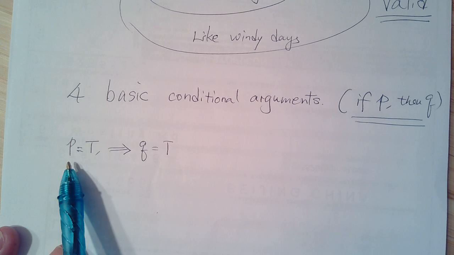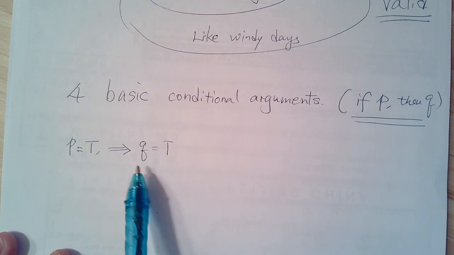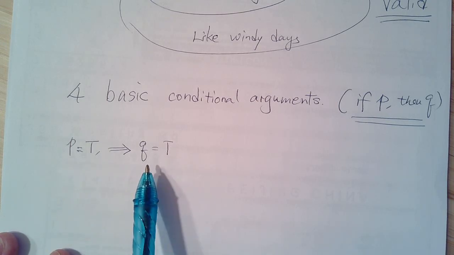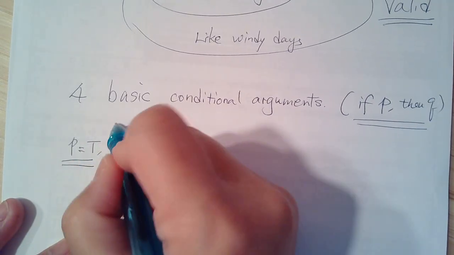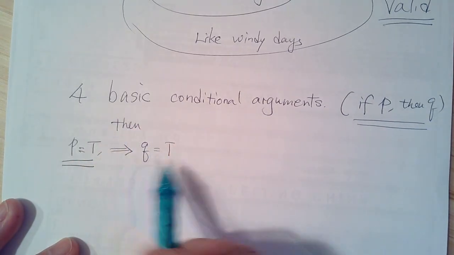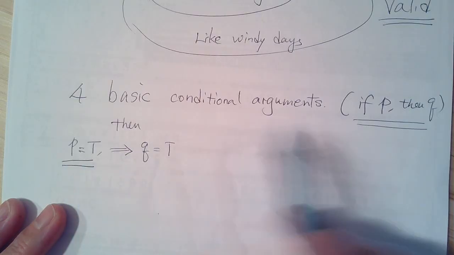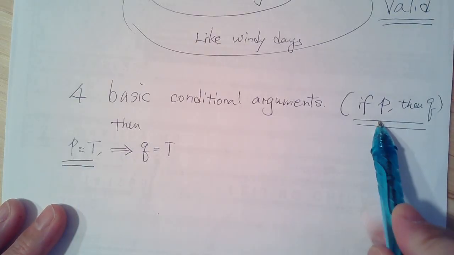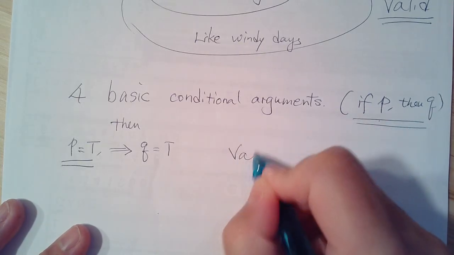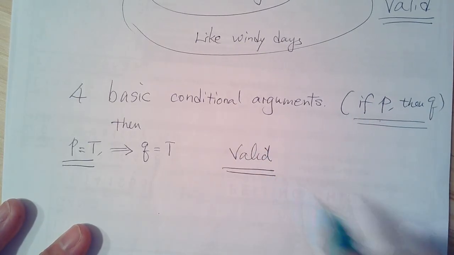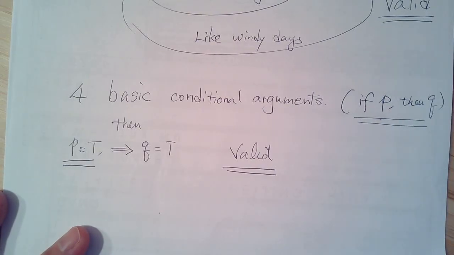Remember, P is living in Chicago. Q is true, Q is likes windy days. So this one is called P is true, then Q is true. This is called affirming the hypothesis. Okay, so this is valid. Just the windy day example.